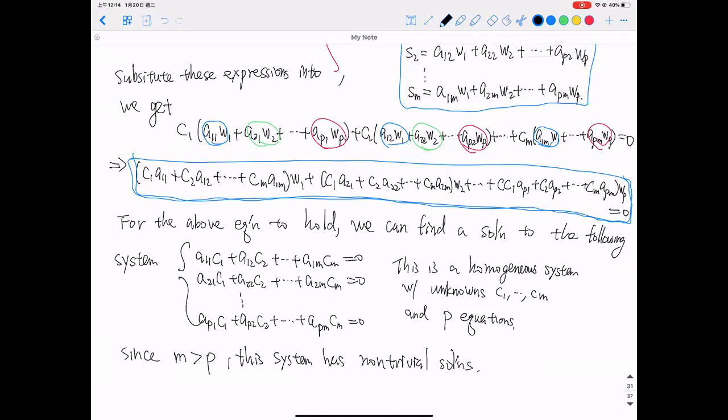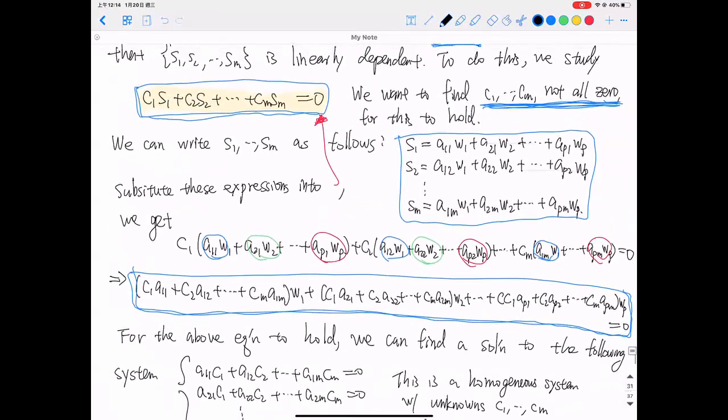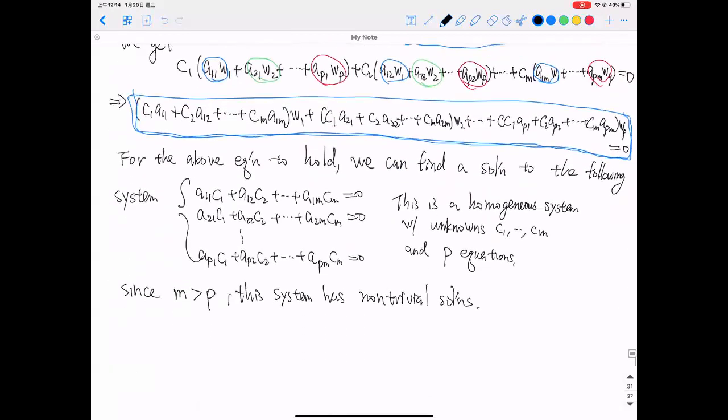And that's what we want. A non-trivial solution would be the C's, not all of which are zero, making this equation true, thus showing that the S's are linearly dependent. Okay, that's it. Simple as that.